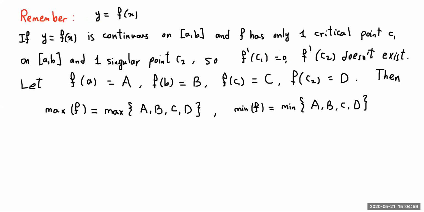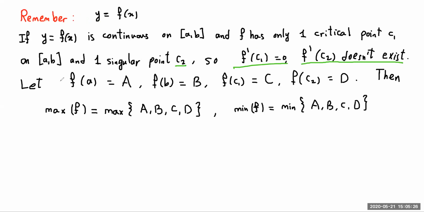Remember that if the function y equal f(x) is continuous on the closed interval [a, b], and let's suppose that f has only one critical point, C1. What is the meaning of critical point at C1? The derivative at C1 is 0. And let's suppose that the function f has only one singular point at C2. This means the derivative at C2 doesn't exist.